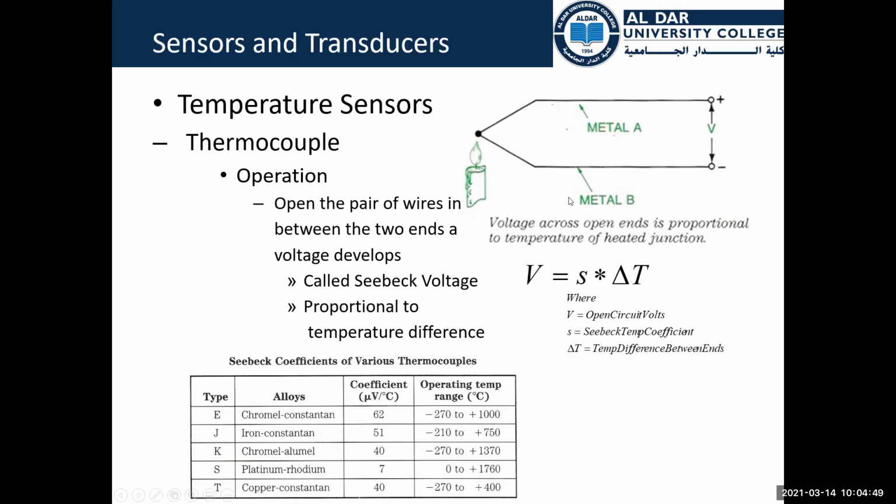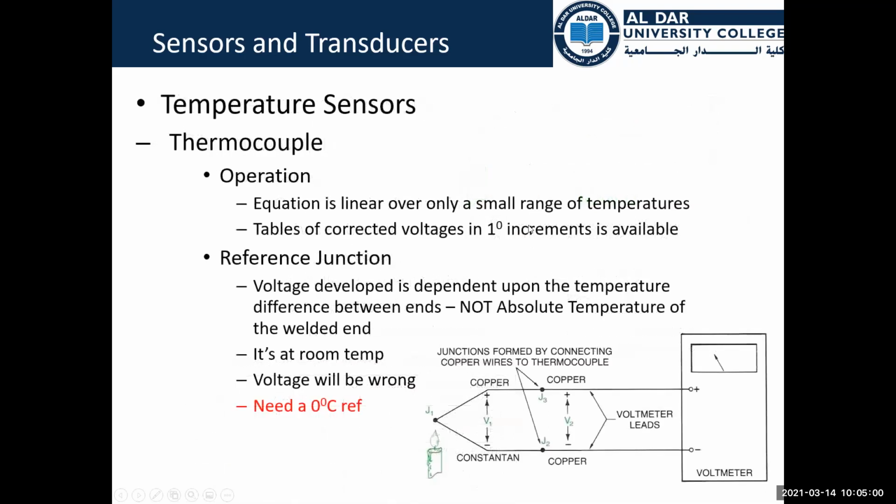We have here a problem because the temperature will be different according to the home temperature, the room temperature. This is going to be a problem because we need to have temperature equal to 0, because if we don't have temperature equal to 0, the metals will be affected by that temperature.